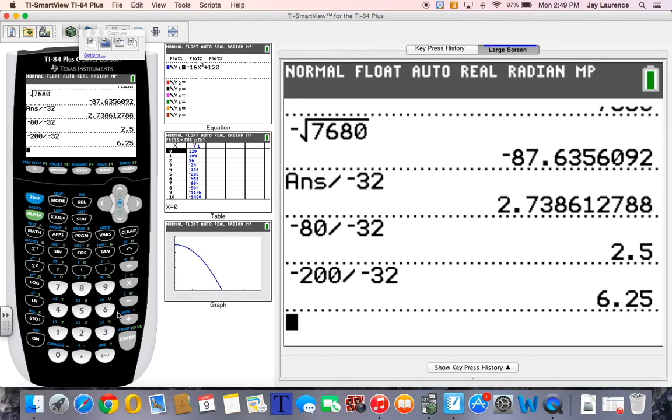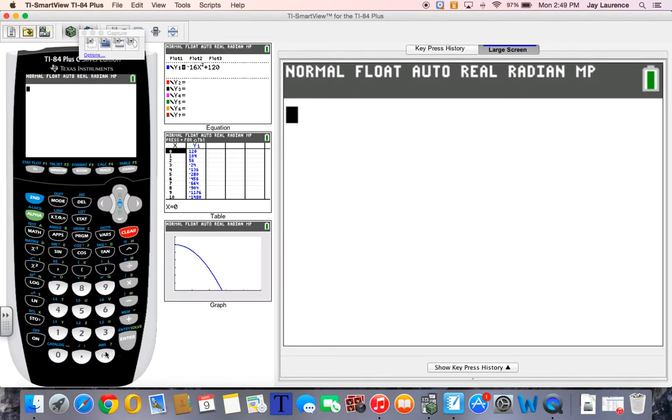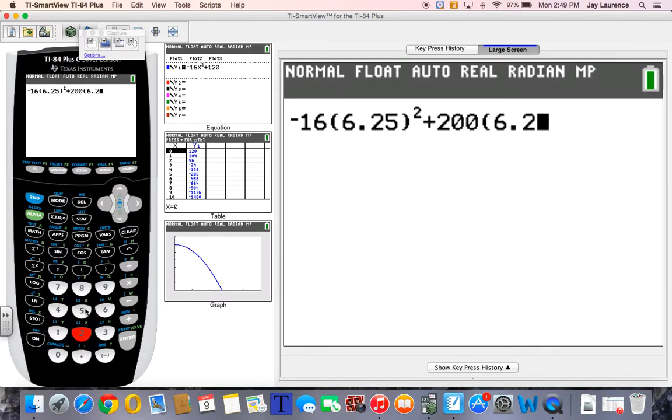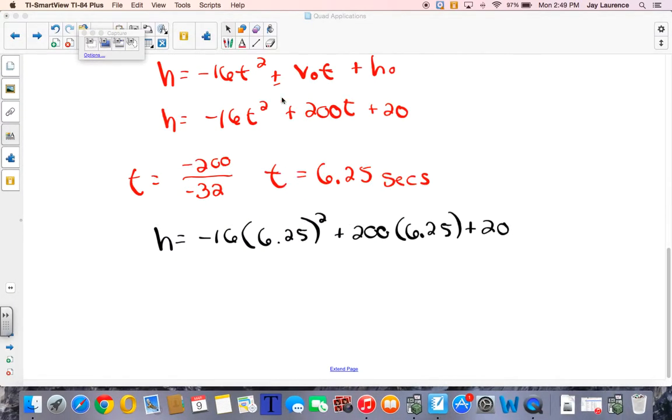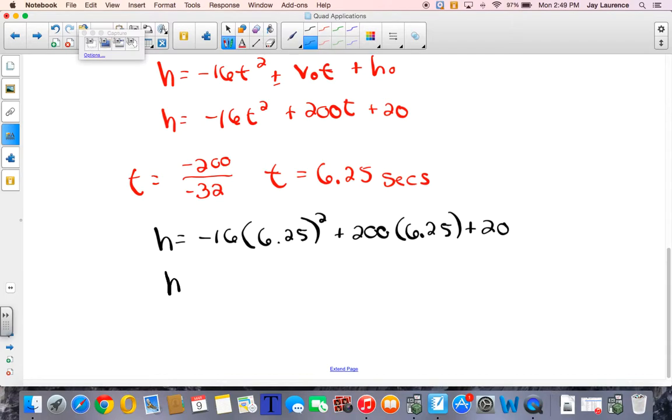And so I'm going to get negative 16 times 6 1/4 squared plus 200 times 6 1/4 plus 20. Looks like its maximum height is going to be 645 feet. So h is going to equal 645 feet. And it's going to reach it in 6 1/4 seconds.